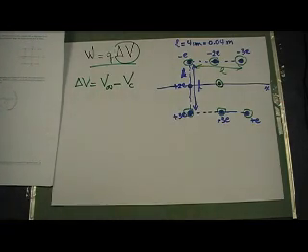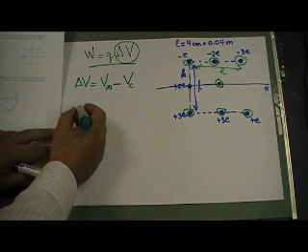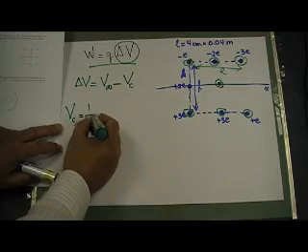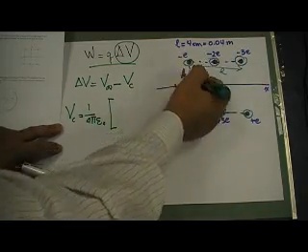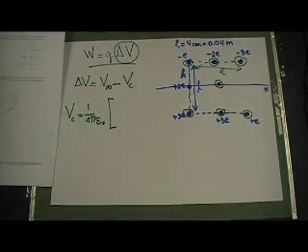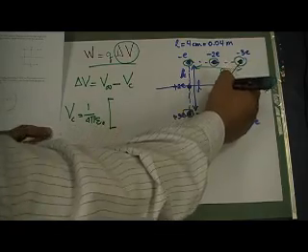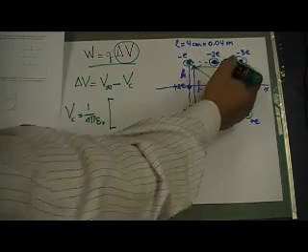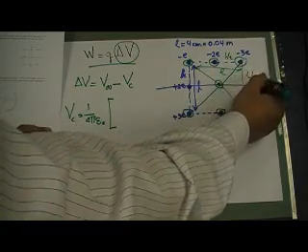That's what you want to do, the V at the center point here. To find V at the center, of course, it is equal to 1 over 4 pi epsilon, and I take each point, and this is exactly the same as what I've done in question number 1. So this distance here will be the same as this distance, the same as this distance. And remember, this is L over 2, and this is L over 2.